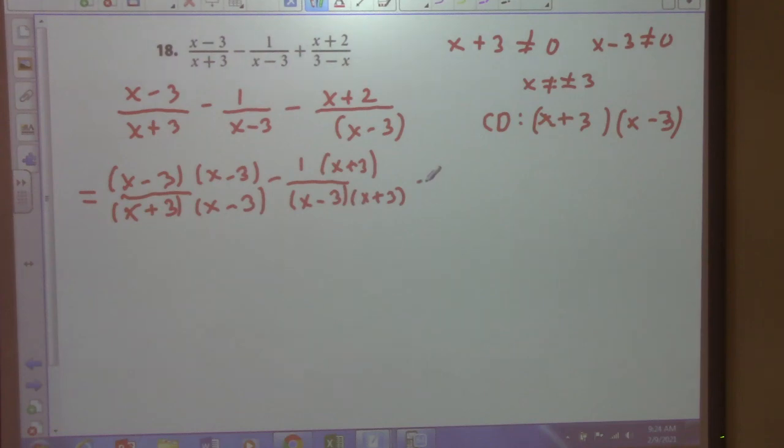And now finally we have this minus, and so we have this x plus 2 over x minus 3. And what do we multiply this by? x plus 3, right? So now we have our common denominator. So we have this x plus 3, x minus 3.